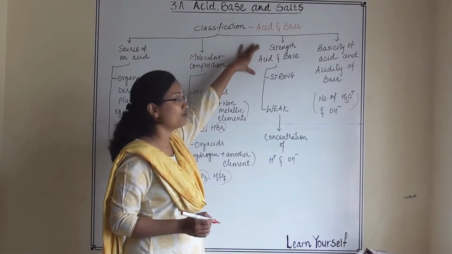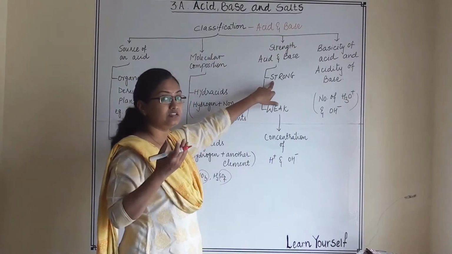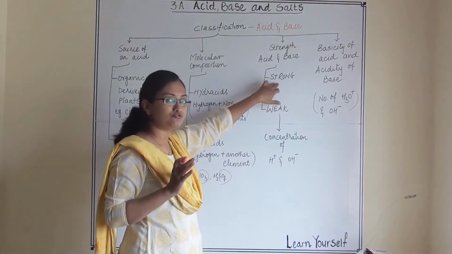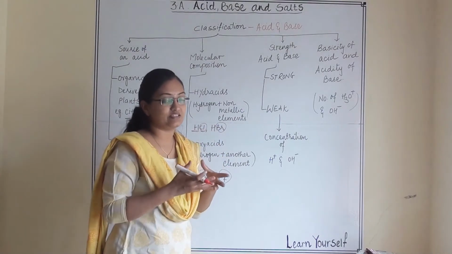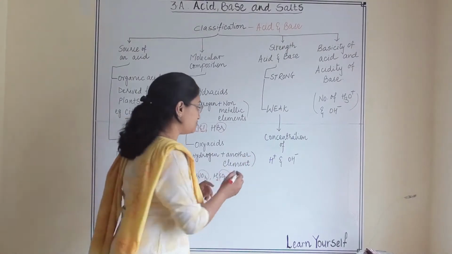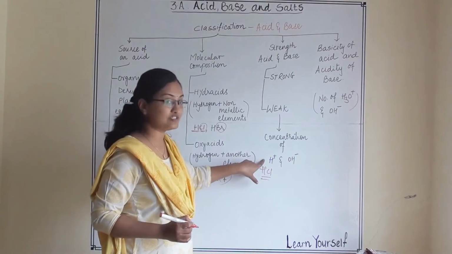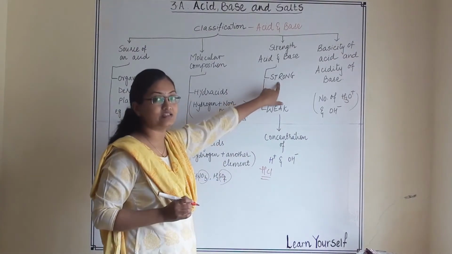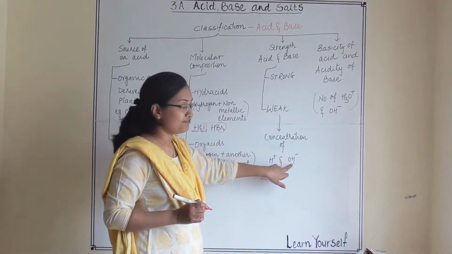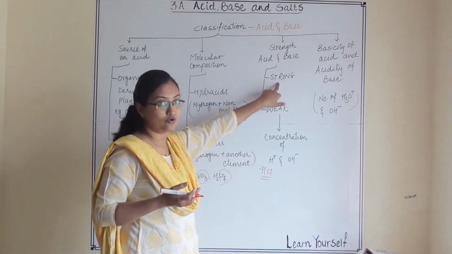Now the strength of acid and base. There are two criteria in that: either they are strong or they are weak. What is the meaning of strong? When you mix an acid with water, if the concentration of H plus is more, for example HCl, that means your acid is strong. For a base, if it generates more OH minus ion, that means it's a strong base.